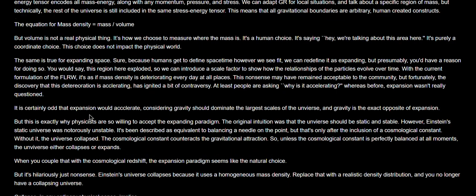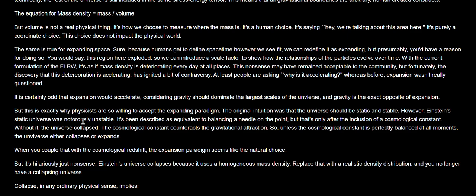Let me see. I'm off track a little. I did a poor job writing this script. There are a couple of reasons that they think the universe is expanding, but if you follow the history, if you go back to Einstein's original universe, he tried to formulate a cosmological solution, and he intuitively thought that it would be static and stable.